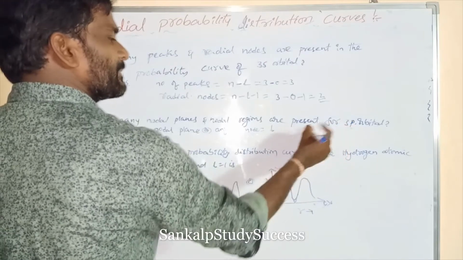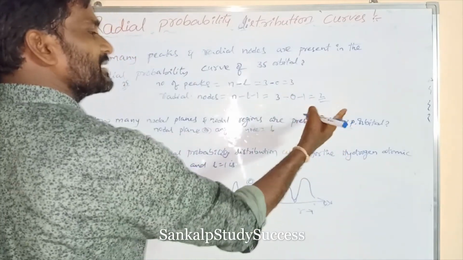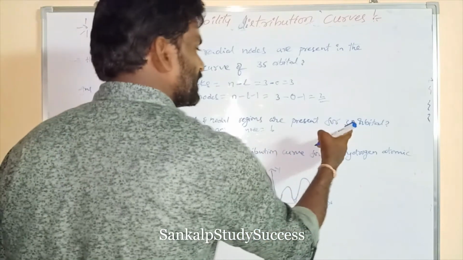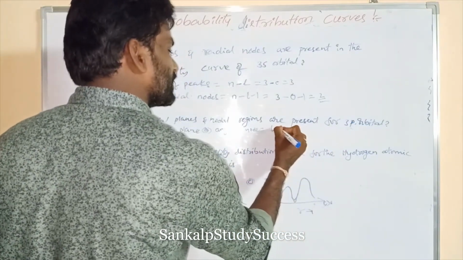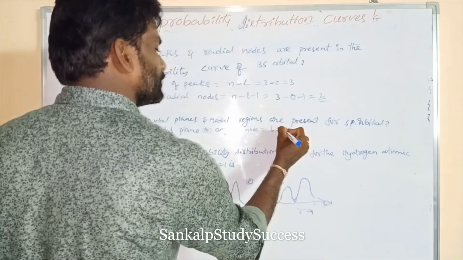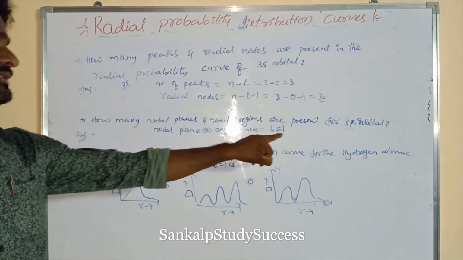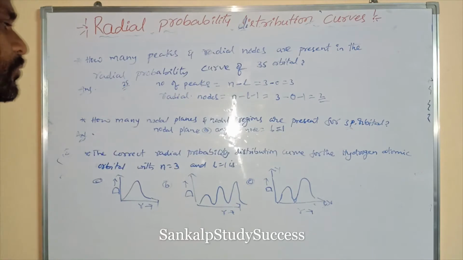If L is equal to 1, that is the p orbital. So its L value is 1. So the number of nodal planes for the 3p orbital is equal to 1.